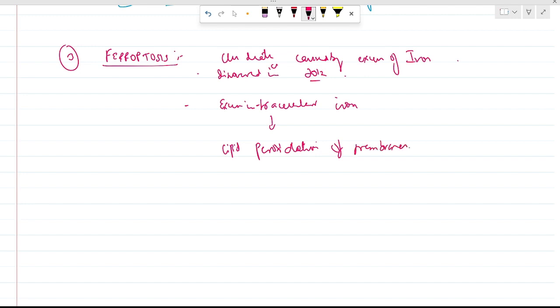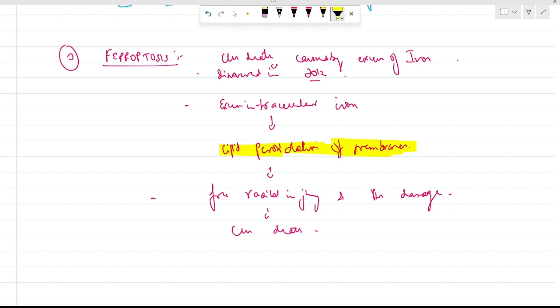Rapid peroxidation of membranes, okay, which ultimately leads to free radical injury and plasma membrane damage, which leads to cell death. Okay, important point here is lipid peroxidation of membranes. Extra intracellular iron causes lipid peroxidation of membranes. This is the important fact to be remembered here.